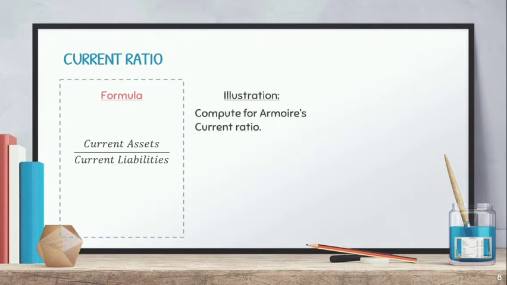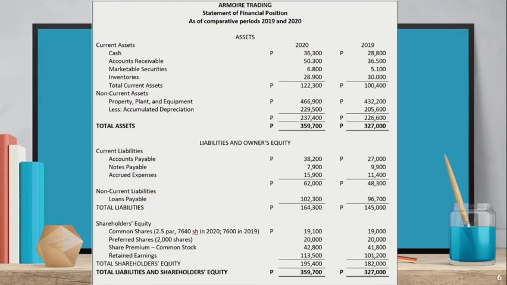So, illustration: compute for Armor's current ratio. To get the current ratio, we need to determine first how much our current assets and current liabilities are. So, we will take a look at our balance sheet. Here we have the balance sheet, so we refer to 2020. We have our total current assets, which is 122,300.